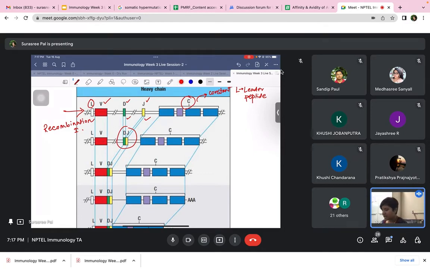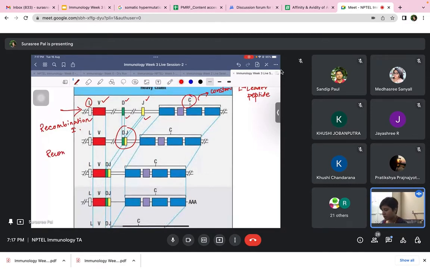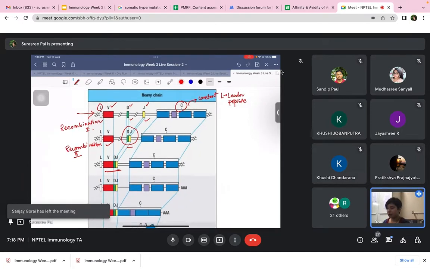And in the next round of recombination, that is recombination round 2, one particular V segment recombines with the DJ segment to form the VDJ recombined gene segment. So these are the two rounds of recombination that take place while developing the heavy chain of the antibody.